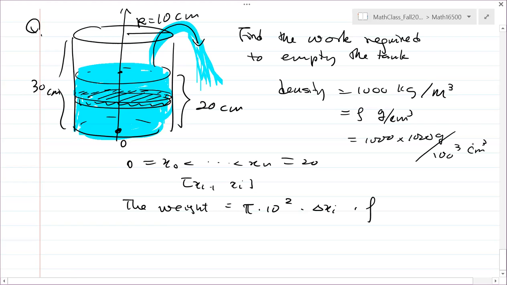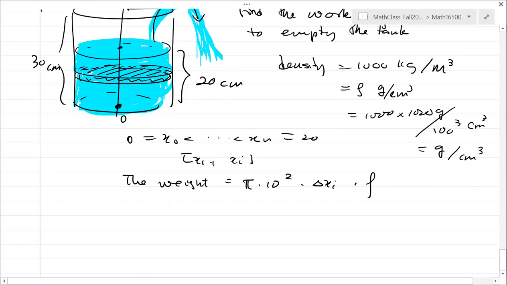So this is in cubic centimeters. 1,000 times 1,000 gives 6 zeros, and 100 cubed also has 6 zeros. So the density of water is just 1 gram per cubic centimeter. Anyway, this is the density function.